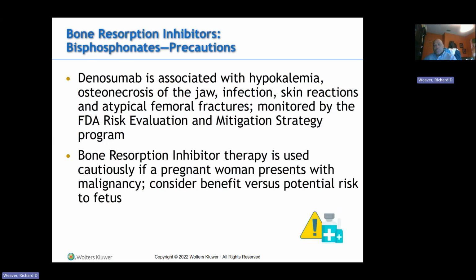The benefit of the drug versus the harsh and unusual adverse reactions is also being monitored by the FDA in a program called Risk Evaluation and Mitigation Strategy, or REMS. With this program, specific instruction and monitoring must occur, and documentation has to be sent back to the FDA regarding the administration of this drug, and the client's knowledge of the potential adverse reactions as well.